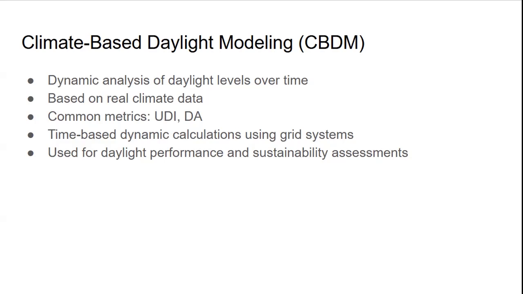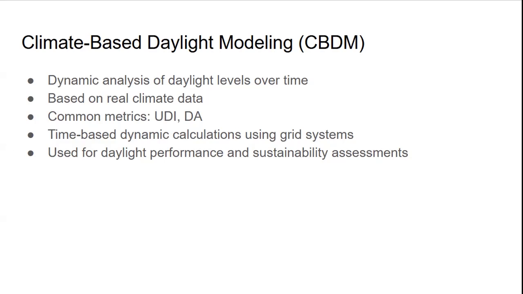It takes into account the geometry of the space, the reflectance of the interior walls, floors, and ceilings, the surrounding environment, and the changing position of the sun. It also considers different sky types and even cloud cover over the year that we are performing the simulation. This gives us a much more comprehensive view of how daylight interacts with a building.